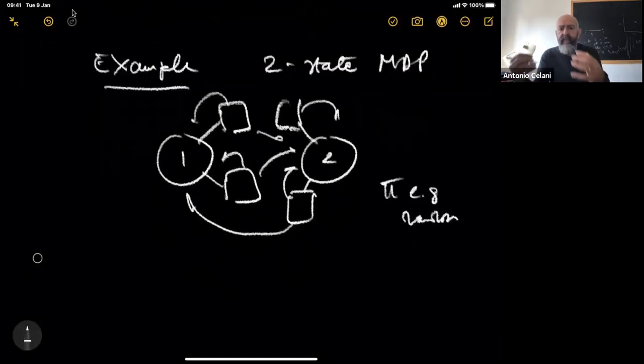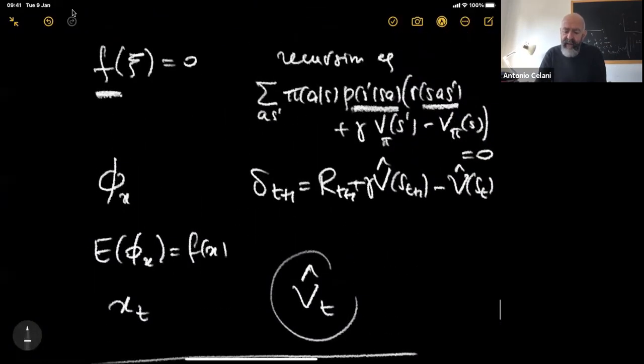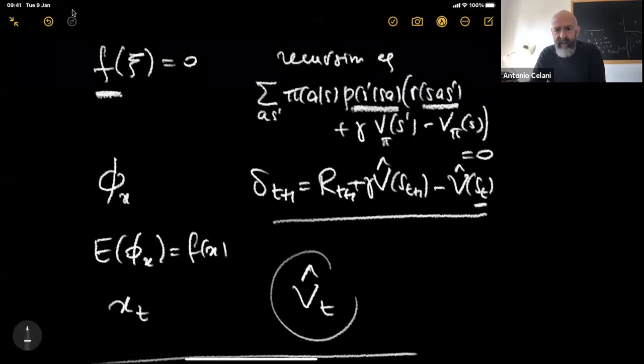How do we learn the value of this policy? Well, we start and we pick up one state, s equals 1. Apply the action, and then you might end up again in 1 or in 2. And at each time step, you can measure this temporal difference error. But you measure it only from the state you started and to the state you arrived. So of this vector here, you're sampling just one component at a time, the one which belongs to the value function you have, right?